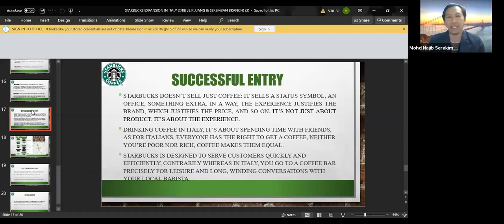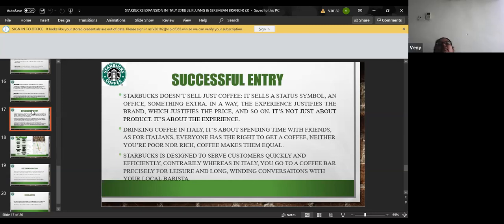But metaphorically, for Starbucks entering Italy, more likely we can see a cowboy with fully loaded revolvers entering a bar full of Italians armed with shotguns.